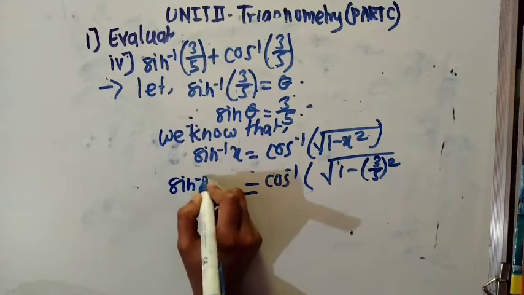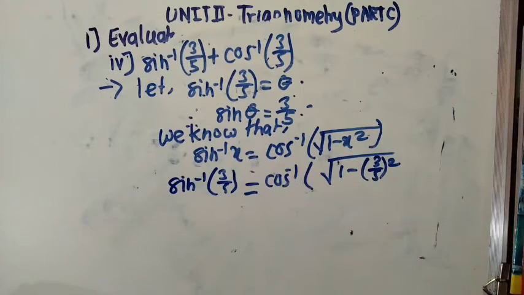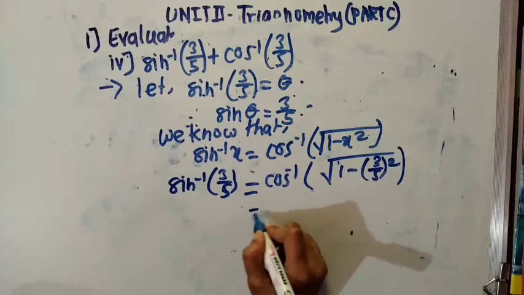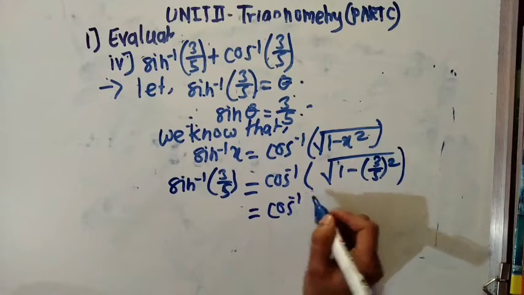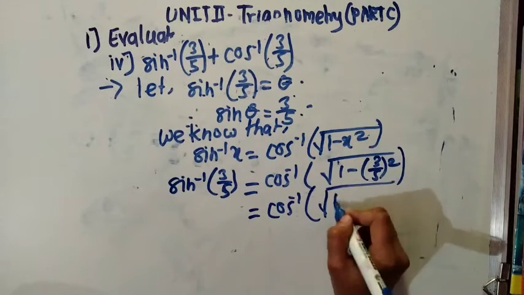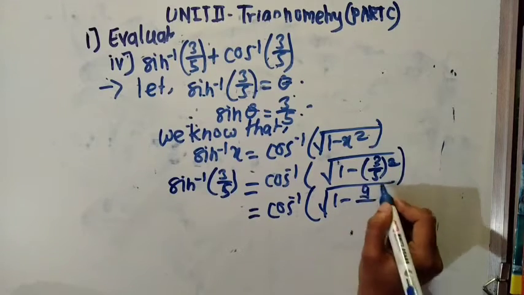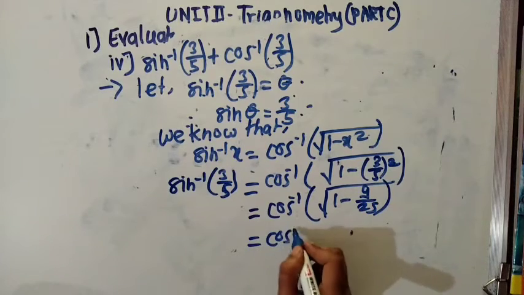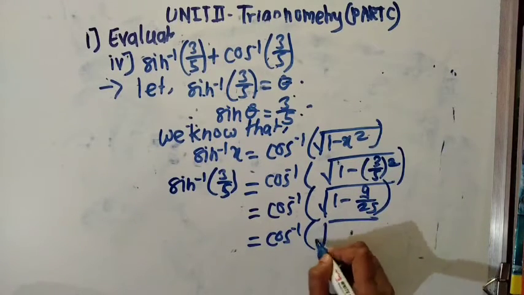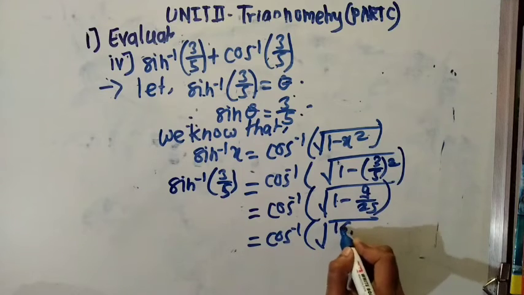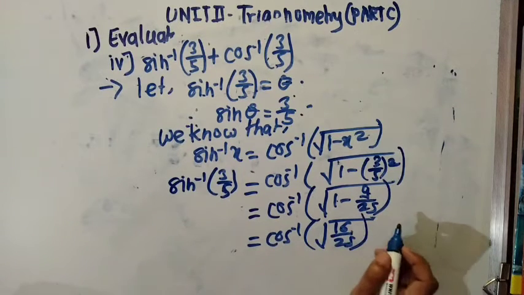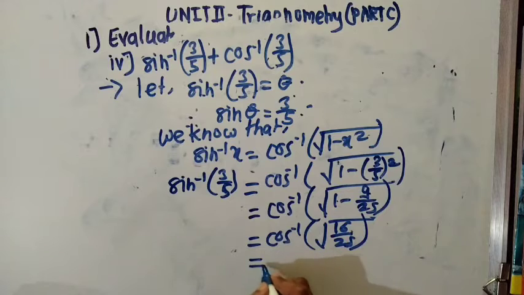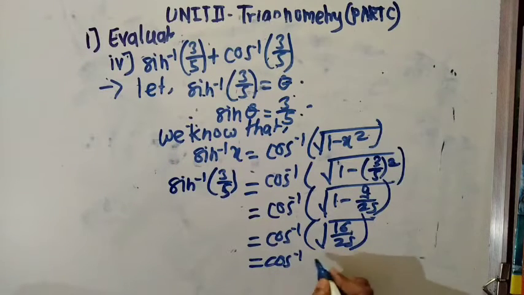and sin inverse of 3 upon 5 is equal to cos inverse of root 1 minus 3 square 9, 5 square 25, which is equal to cos inverse of root 25 minus 9 is 16 upon 25, which is equal to cos inverse of root 16 is 4, root 25 is 5.